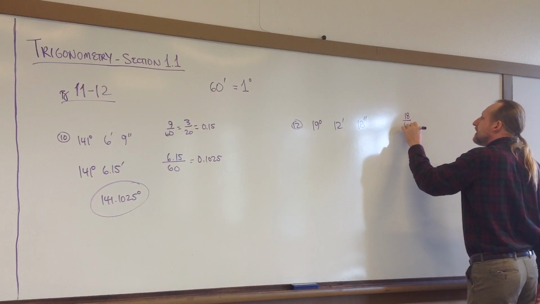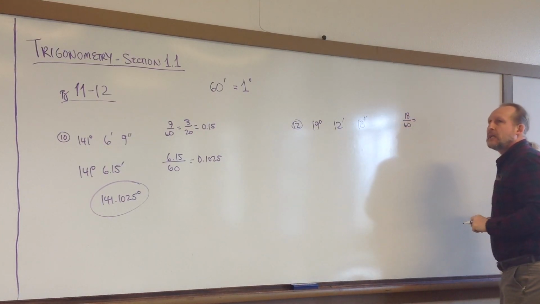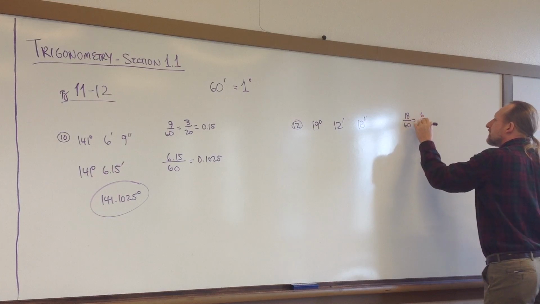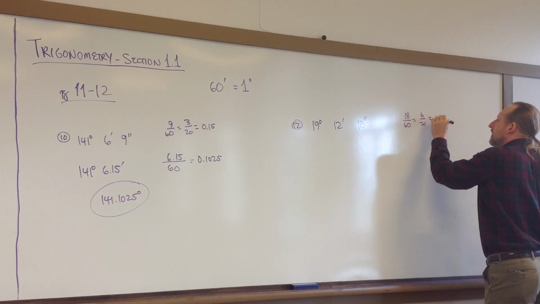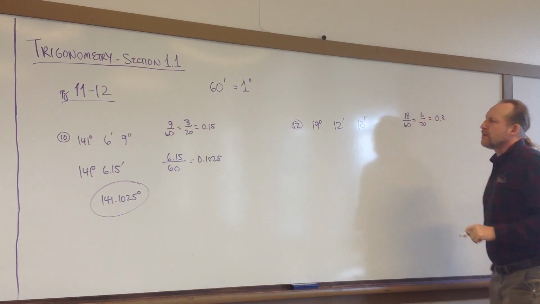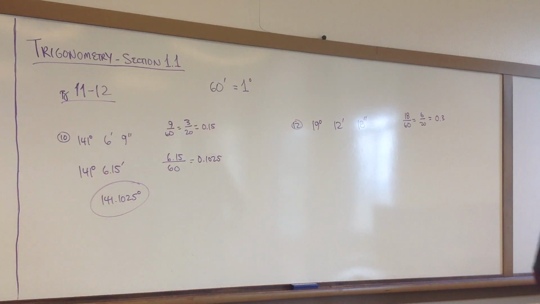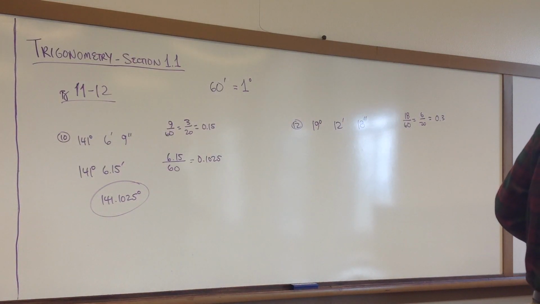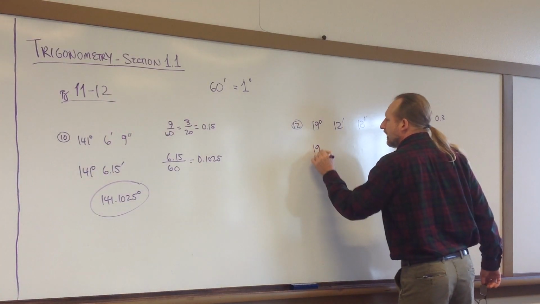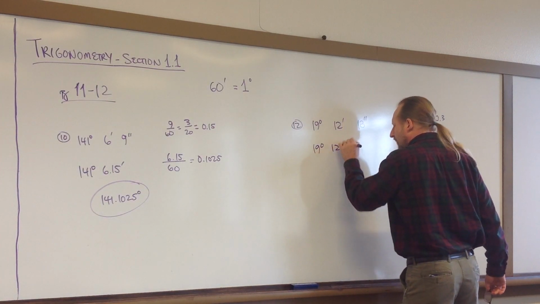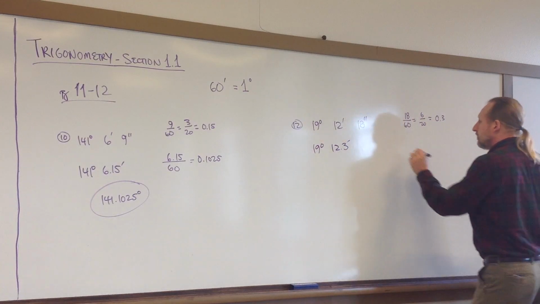So we do 18 over 60. That's I think 6 over 20 or 0.3, because if we reduce that some more, that's 3 over 10. So this is 19 degrees, 12.3 minutes.